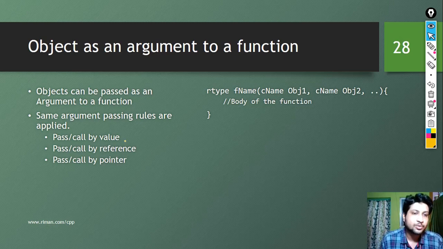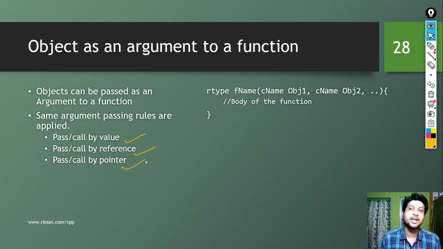We can pass an argument as a value, as a reference, or as a pointer as well. This is a simple example. We are not going to discuss this elaborately, because the rules and facilities of function argument passing are applicable to objects as well, as objects are treated as a normal data type in C++.